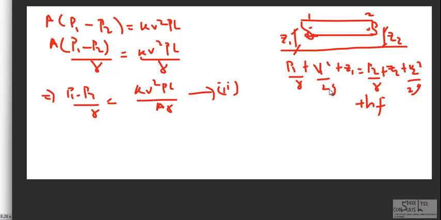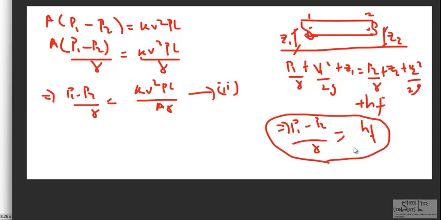Then P1 minus P2 over the specific weight, and under steady state condition the velocity is the same, so V1 equals V2 and that cancels. So P1 minus P2 over the specific weight is equal to the head loss due to friction.